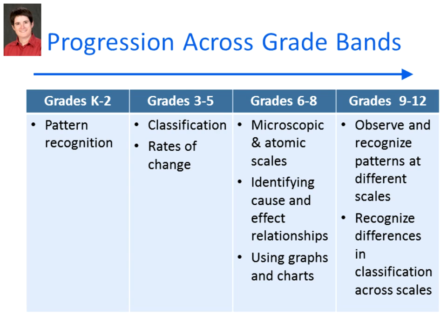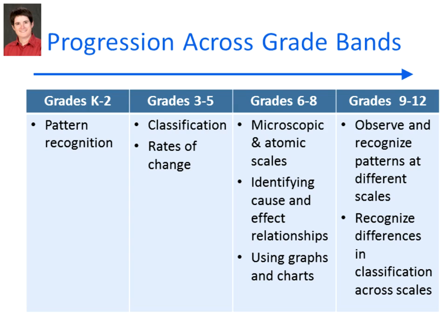As students move into the middle grades, now we can start looking at patterns across scales, especially getting down to the microscopic and atomic scales. Relationships become important, especially being able to use patterns to identify cause and effect relationships. And using graphs, noticing patterns in using charts becomes a focus.